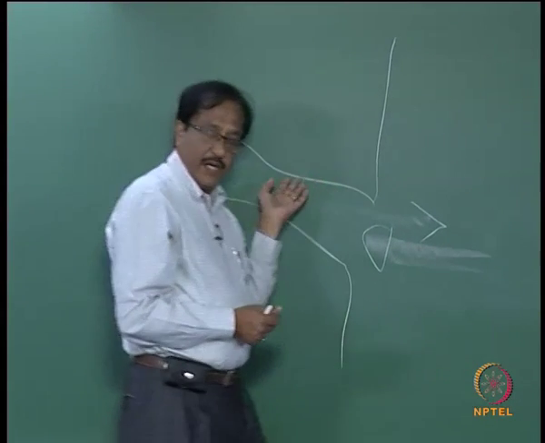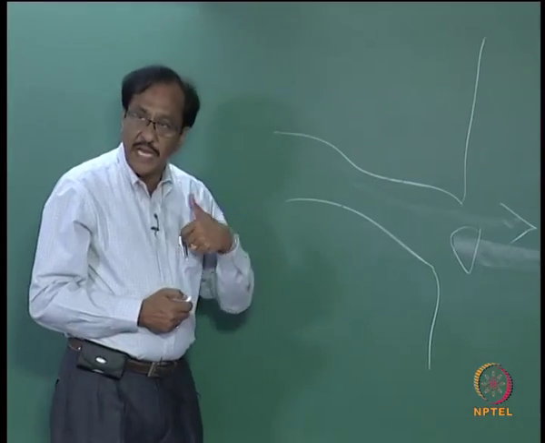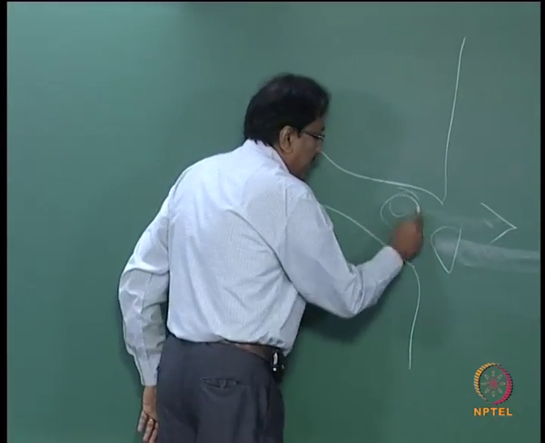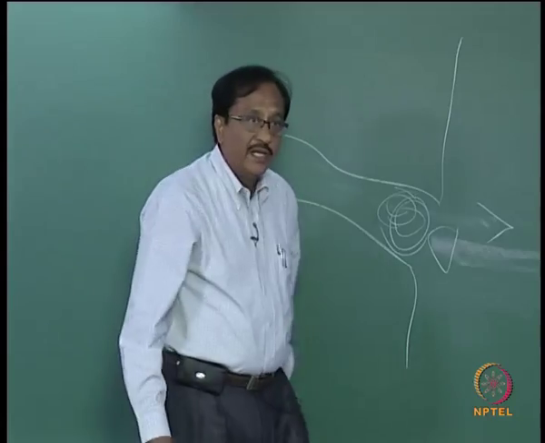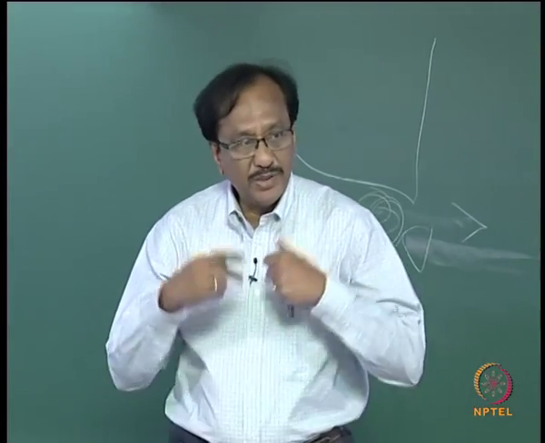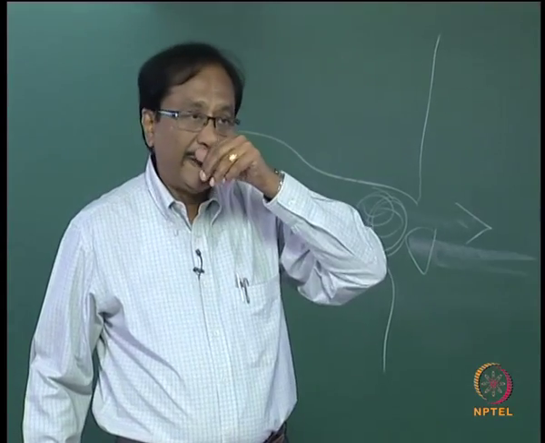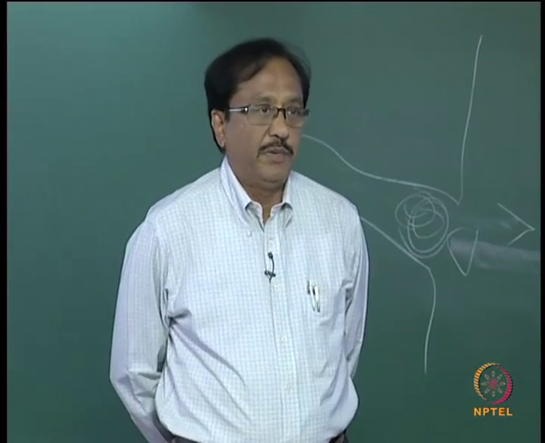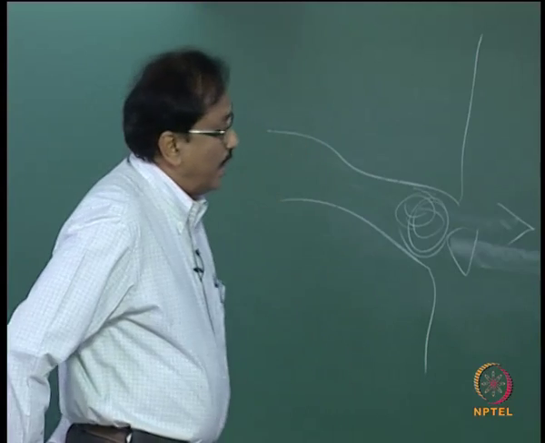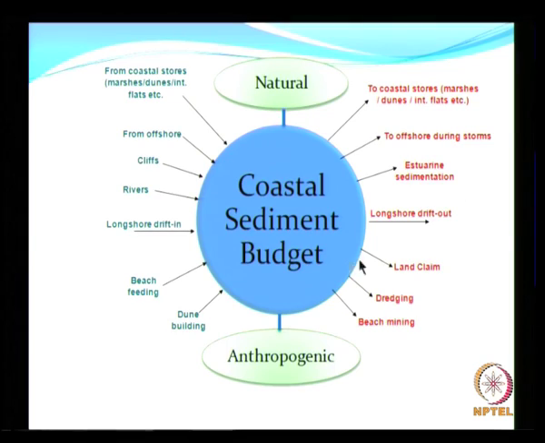If you allow this to continuously happen, what will happen? A lot of sand will accumulate here, and ultimately it might lead to the closure of the river mouth. That is going to create another headache, another problem. So this is estuarine.